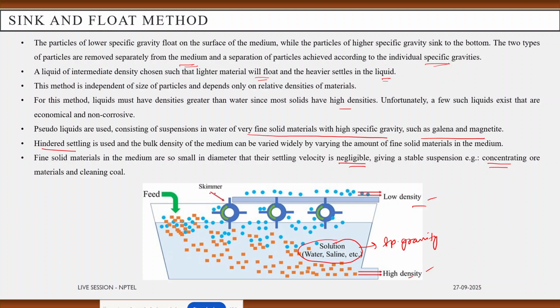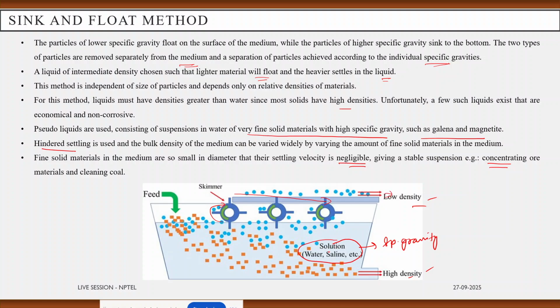Here we can see a system or arrangement for the sink and float method. The feed is introduced and maintains a level in the float and sink container. The skimmer carries the lower density material to the top and out from this end.